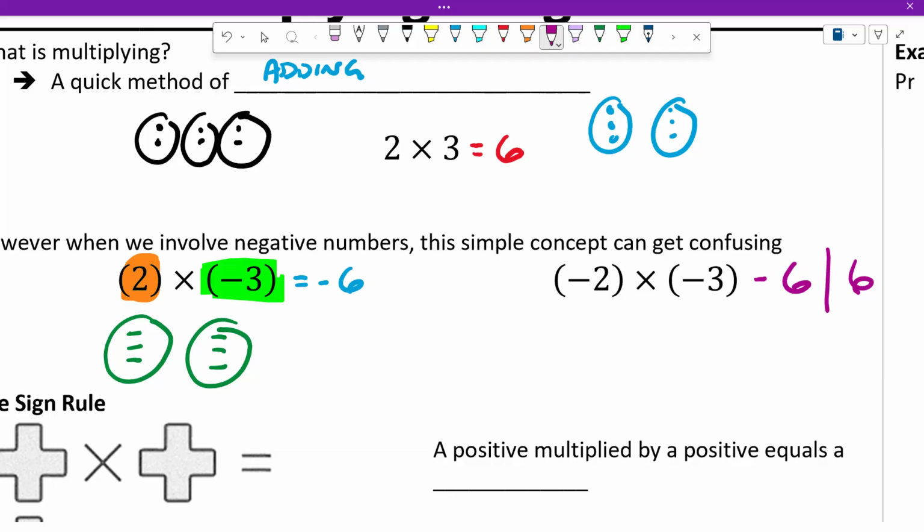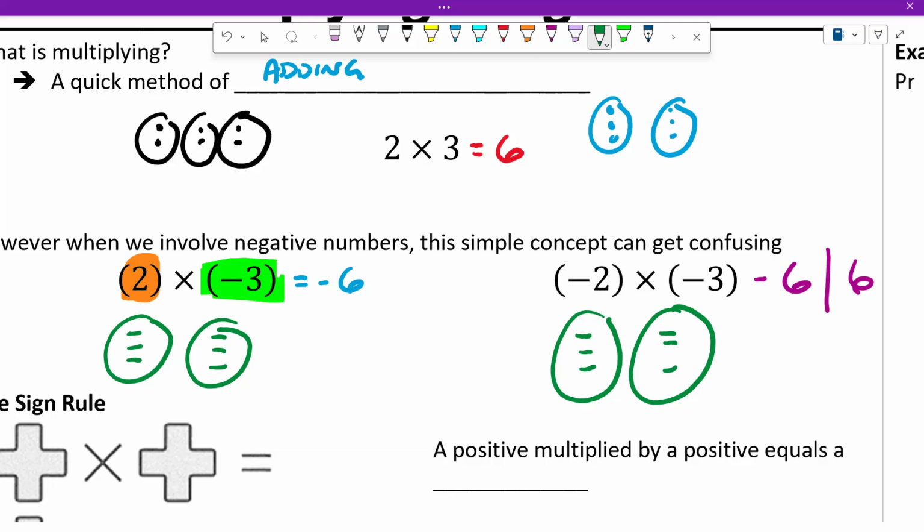Okay, let's talk about what this means. Using this idea, we're going to do groups of negative 3. But we have this negative 2. What do you think negative 2 means? Does it mean 2 groups? Landry?